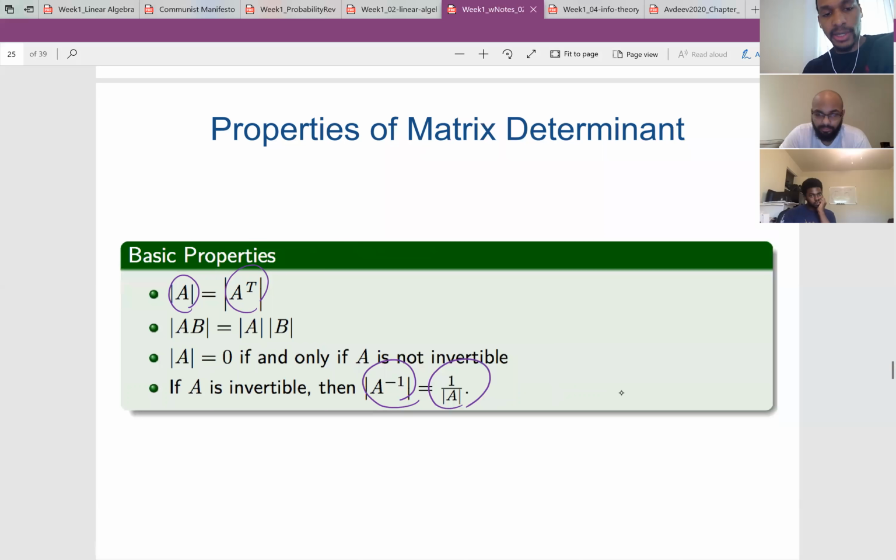Okay, so properties of the determinant. The determinant of a matrix is equal to the determinant of its transpose. The determinant of a matrix product is equal to the product of the determinants of the two matrices.